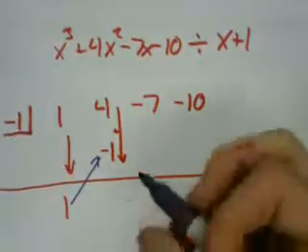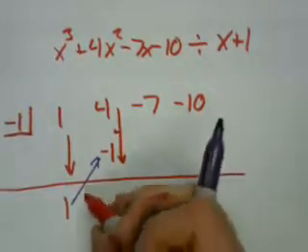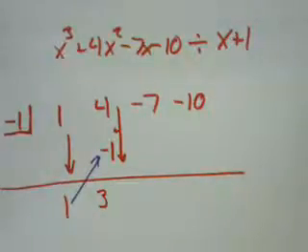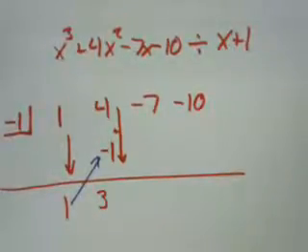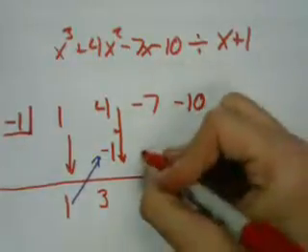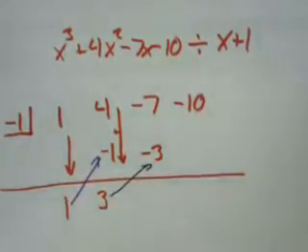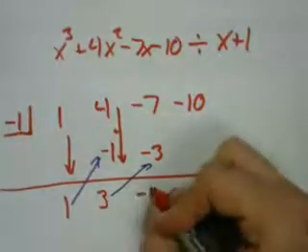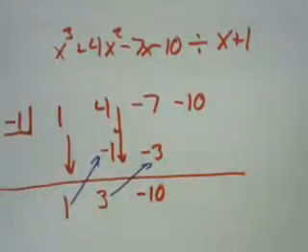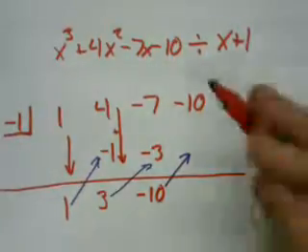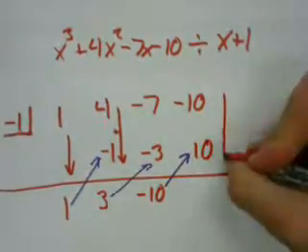Okay, and that will be a 3, because 3 plus a negative 1 is 3. So negative 1 times 3 is negative 3, and that is being multiplied there. Now negative 7 plus a negative 3 is negative 10. Now we multiply again, and we say negative 1 times a negative 10 is 10, and we add those down.